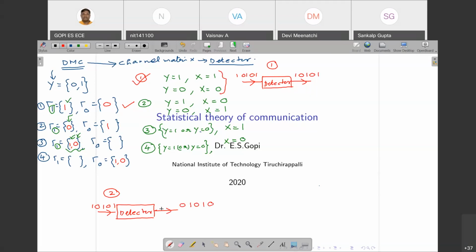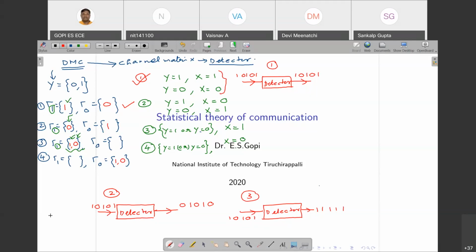And the third one, you have a detector, and the input is again 1 0 1 0 1. This detector, irrespective of whatever you have, this 1 0 1 0 1, whatever it is, you are going to detect it as 1 1 1 1 1, all of them as 1.